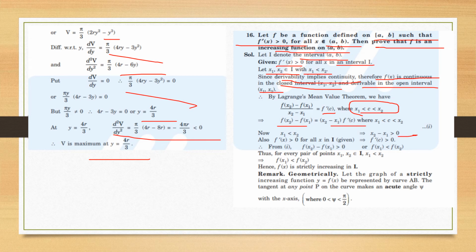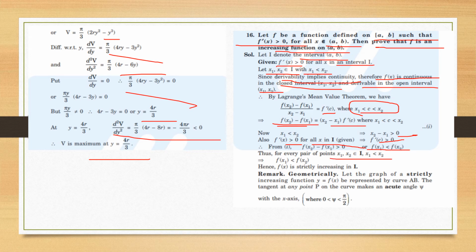Also, f dash x is greater than 0 for all x in I. That means f dash c is positive. So I get that f(x2) minus f(x1) is positive, or f(x2) is greater than f(x1), or f(x1) is less than f(x2), one and the same thing.